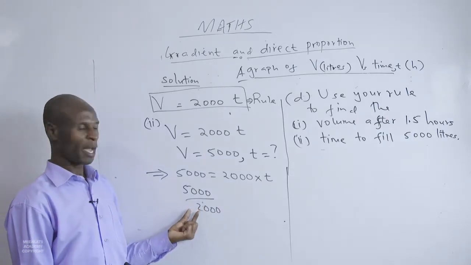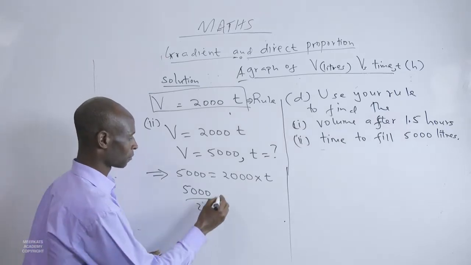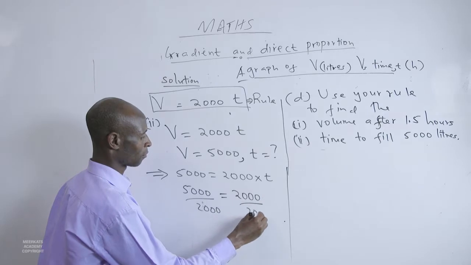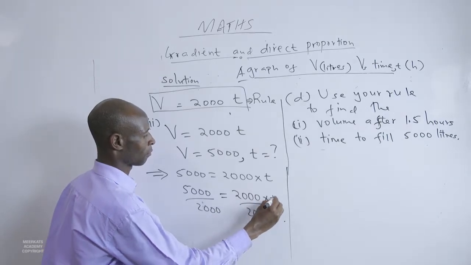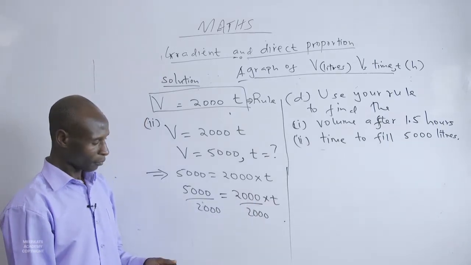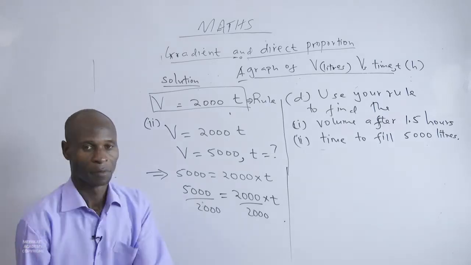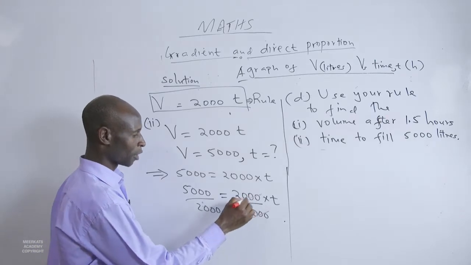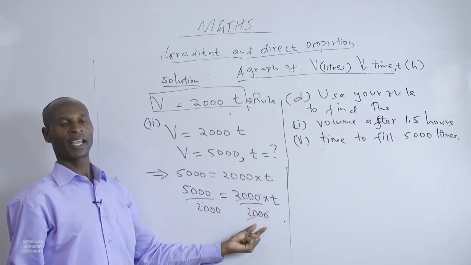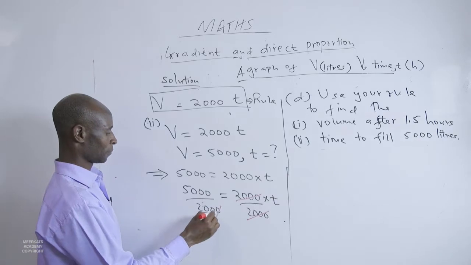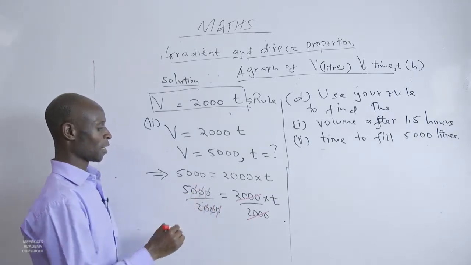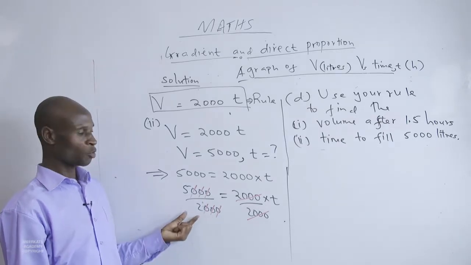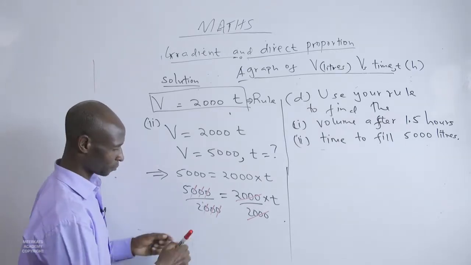The 2,000 on the right hand side cancels, the zeros cancel on the left hand side, and you are left with 5/2.